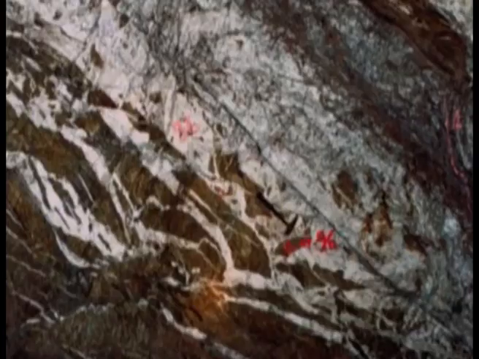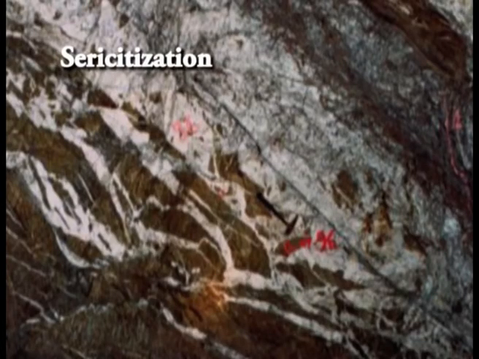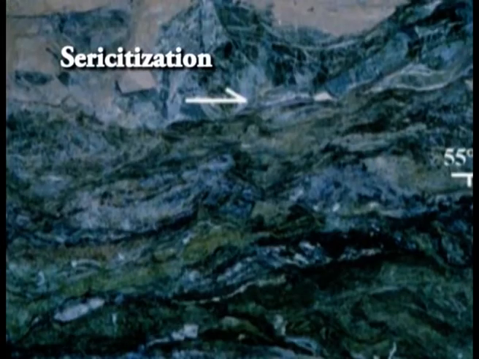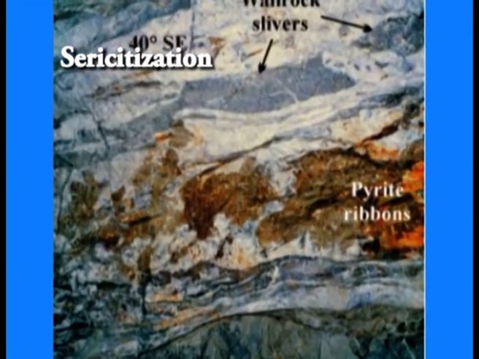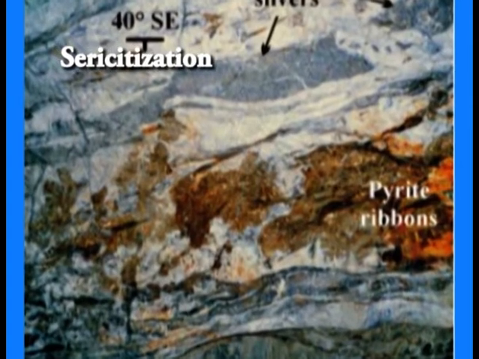Following types of hydrothermal alterations are well recognized. Number 1, sericitization. It refers to the development of fine grained white mica called sericite and quartz, and results from the breaking down of orthoclase feldspar to sericite and quartz. It is also known as potassic alteration.